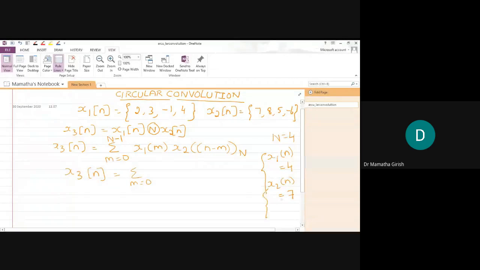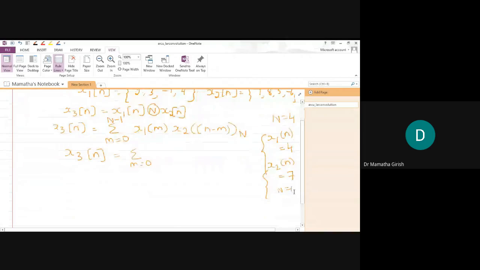In that case, what should you choose the value of n as? In case of circular convolution, always the value of capital N is chosen to be the maximum length among the two given sequences. In these two given sequences, the maximum length is 7. Therefore, the value of n is equal to 7.